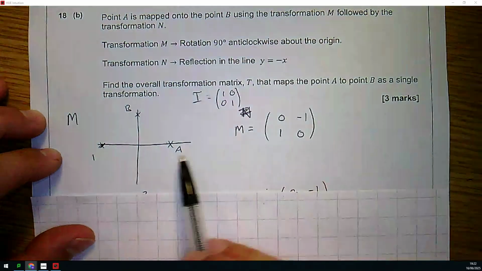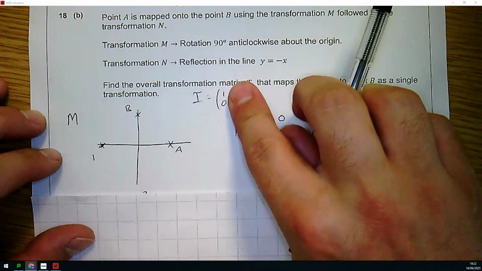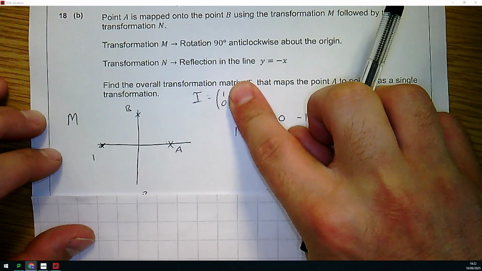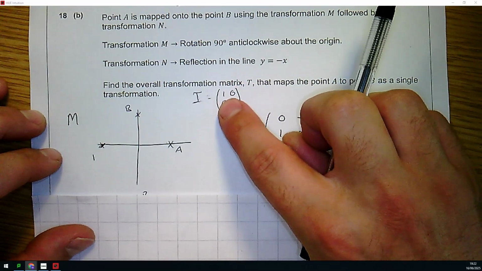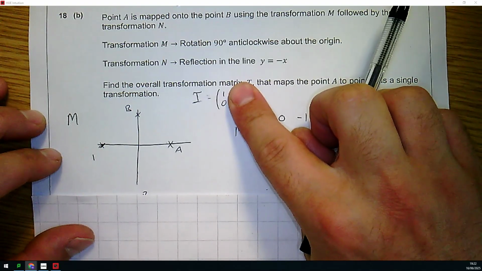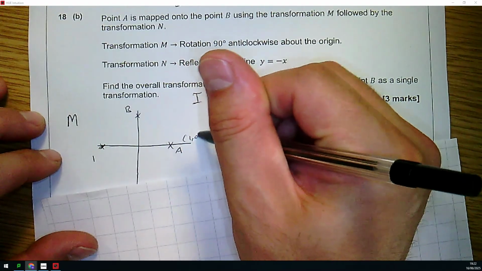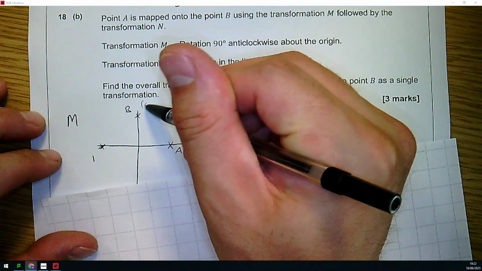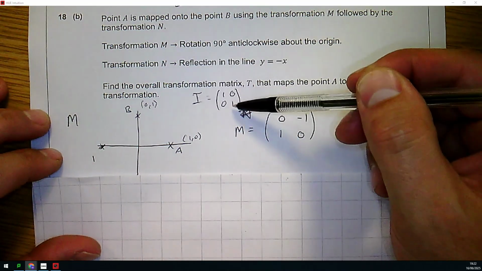So the coordinate 1, 0 is actually written as a vector 1, 0. Confusing because it's very easy to think, oh, it's 1, 0. But all coordinates are always written as column vectors. I'm just going to put that on to make it clear. And here we've got the point 0, 1. And again, B is written as a column vector 0, 1.